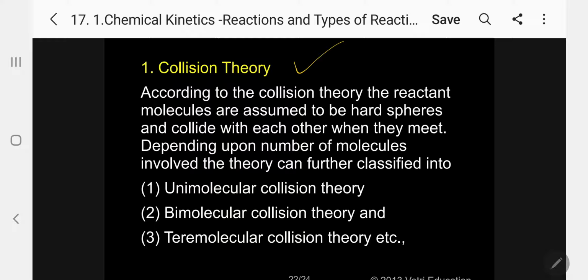According to collision theory, the reactant molecules are assumed to be hard spheres and collide with each other, and each molecule has a characteristic energy. All these things we have discussed under the kinetic theory of gases. Some molecules will have high energy, some low energy, so when they collide, they exchange their energy.